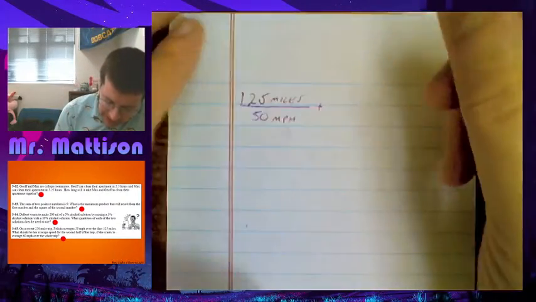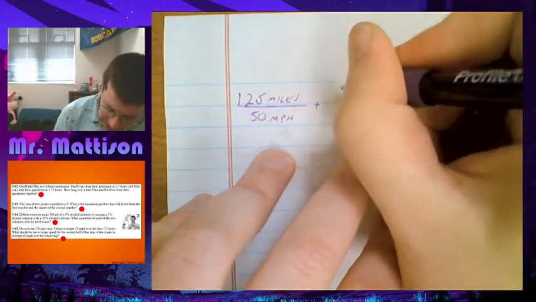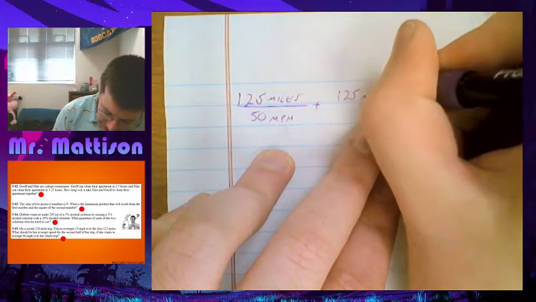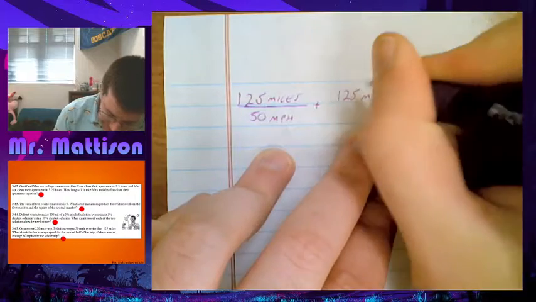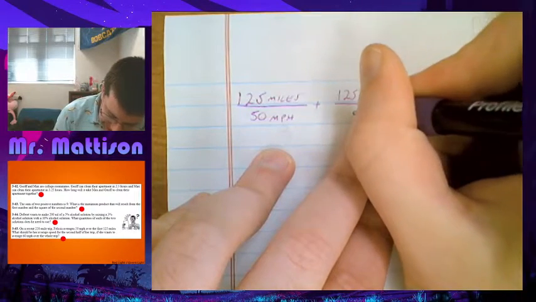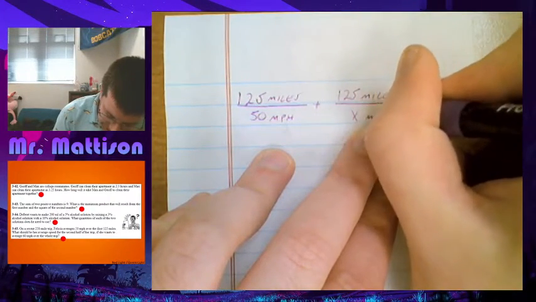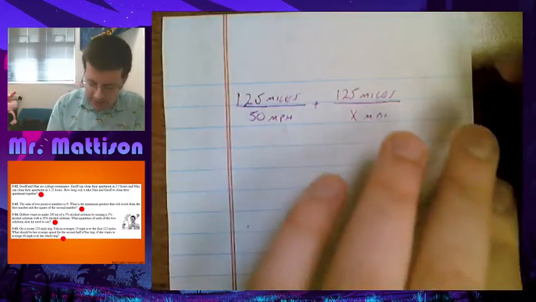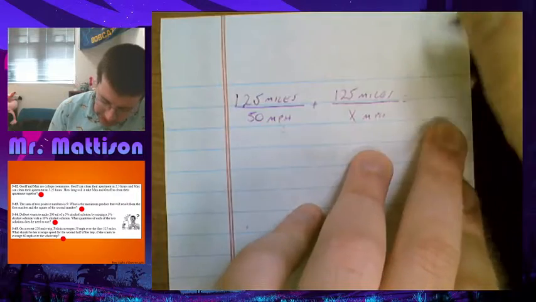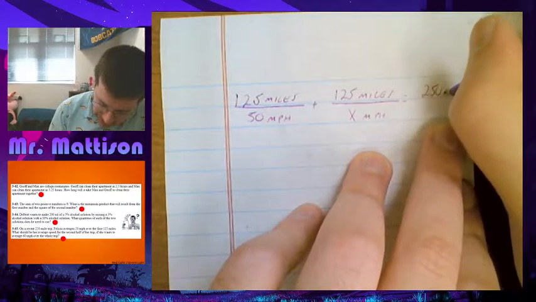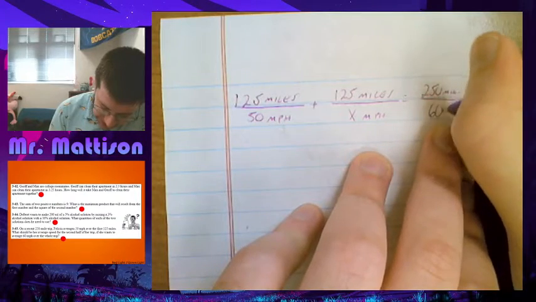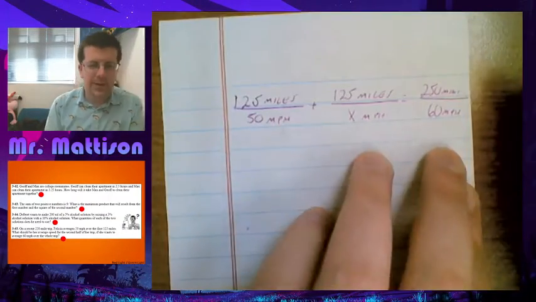So I'm going to add, so that plus 125 miles over x miles per hour is equal to, I want 250 miles total over 60 miles per hour.